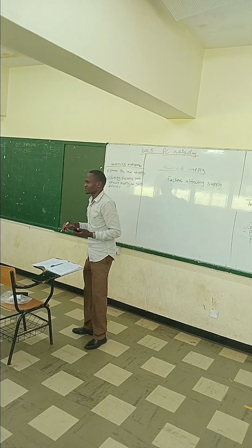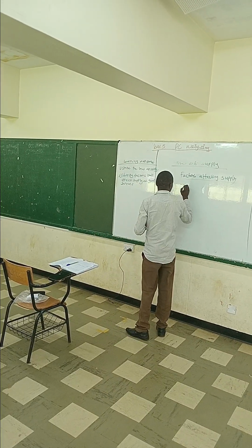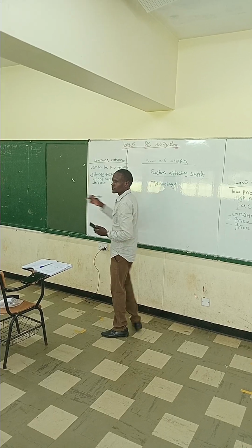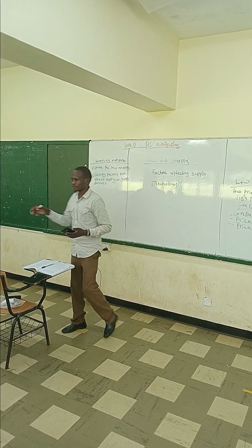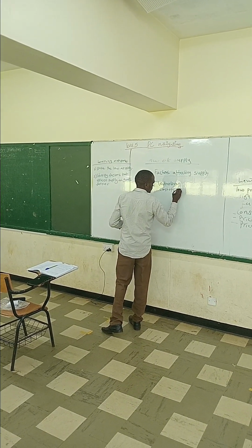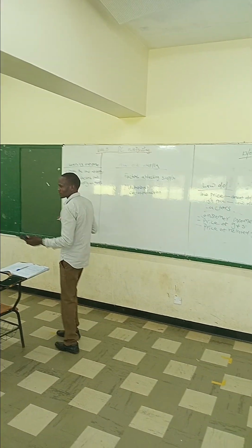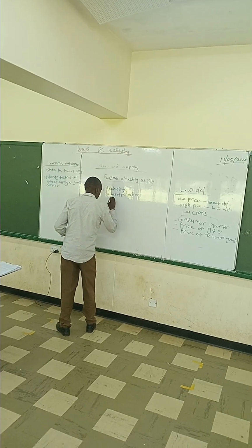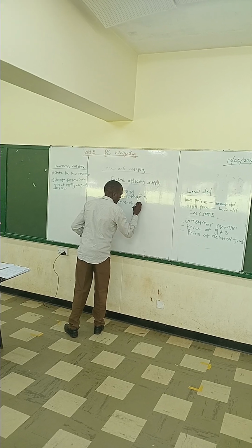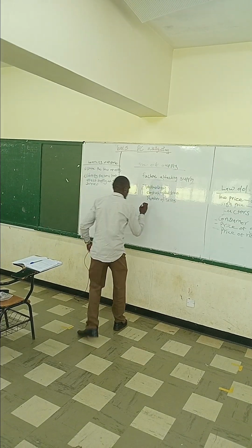One of you? Technology. Another. Cost of production. Another one. Yes, number of sellers. Another one.